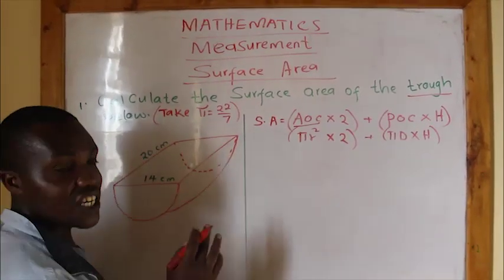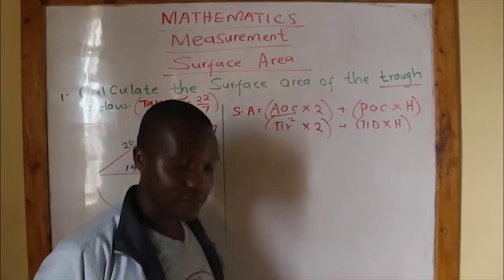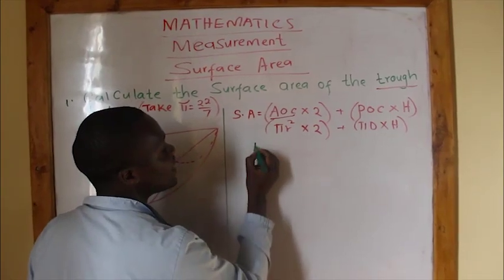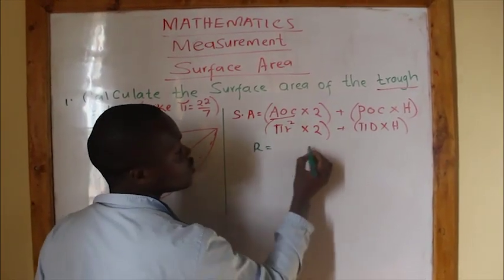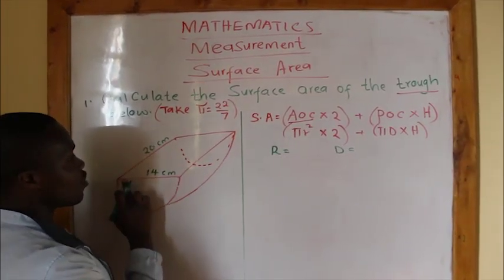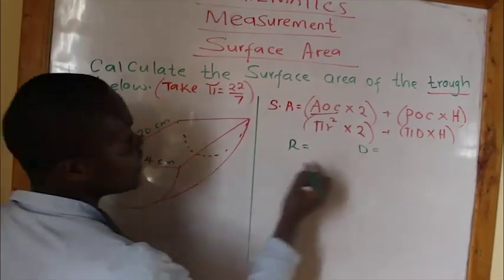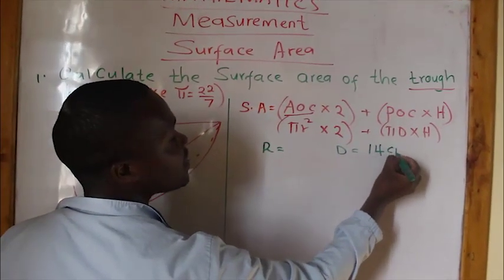But before I continue, because I'm dealing with a circle, I always advise learners to identify the radius of the circle. You also identify the diameter of the circle. So the radius of this circle, you can see the diameter is 14 from this point to this point. So 14 becomes the diameter, 14 centimeters.